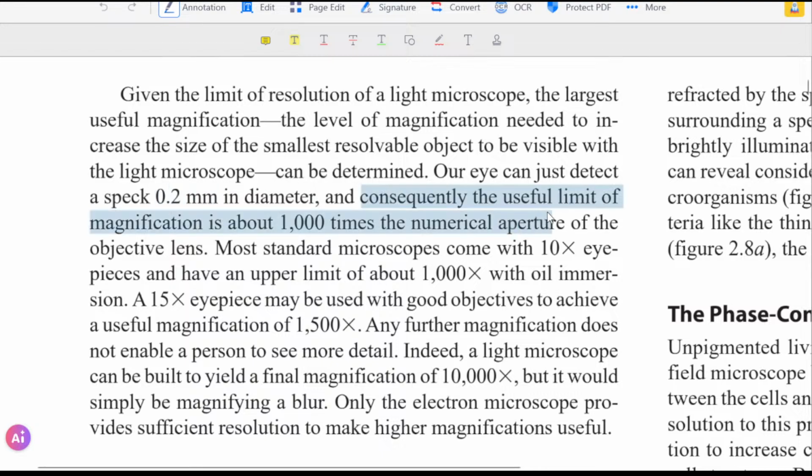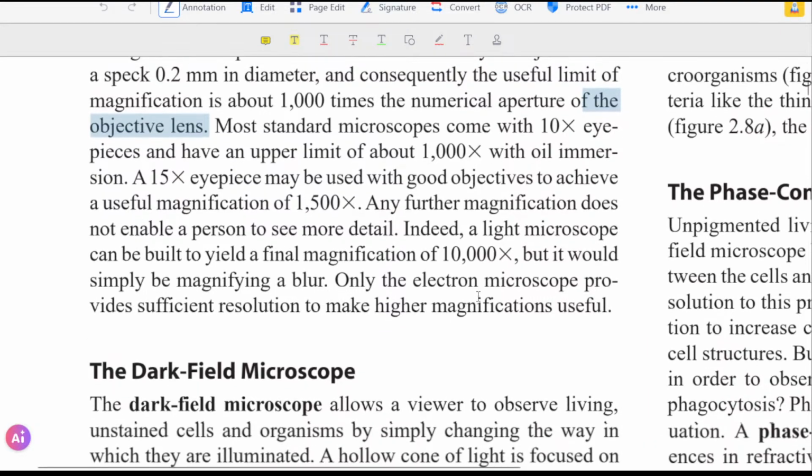And consequently, the useful limit of the magnification is about 1000 times the numerical aperture of the objective lens. Alright, I get it. So most standard microscopes come with a 10x eyepiece and have an upper limit of 10,000x with oil immersion.